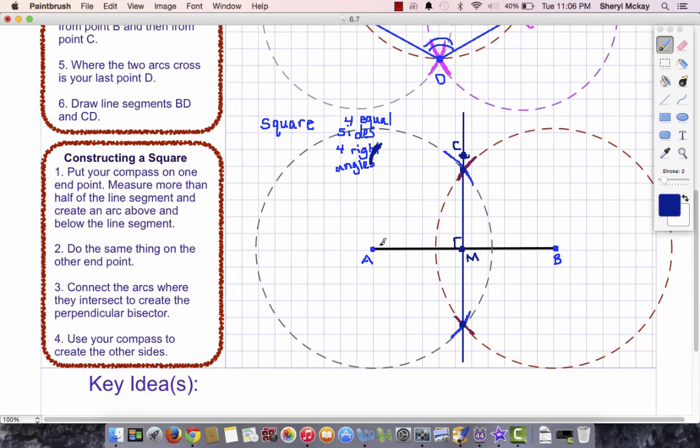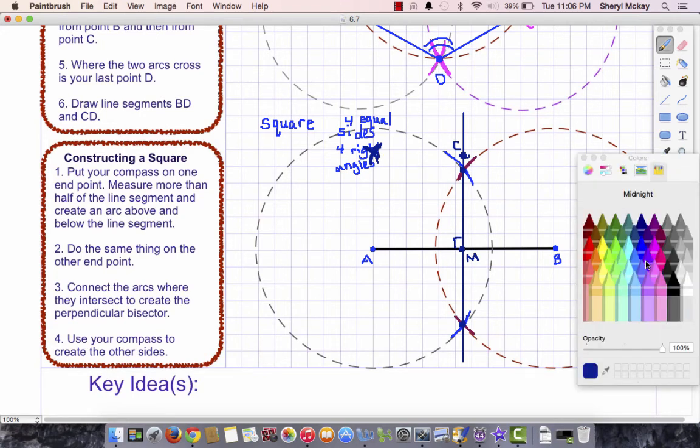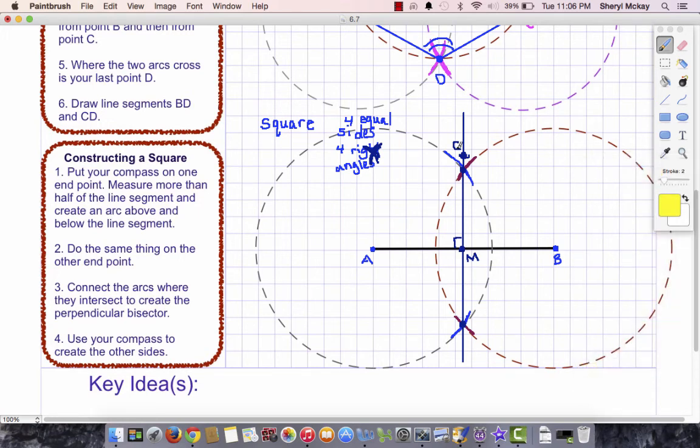And it's actually going to be right about here somewhere, okay? And then I'm going to do the same thing from A, put my point on A and use the length of my compass. And it's going to be somewhere around here, okay? And then where I see the two intersecting is where I make my point.